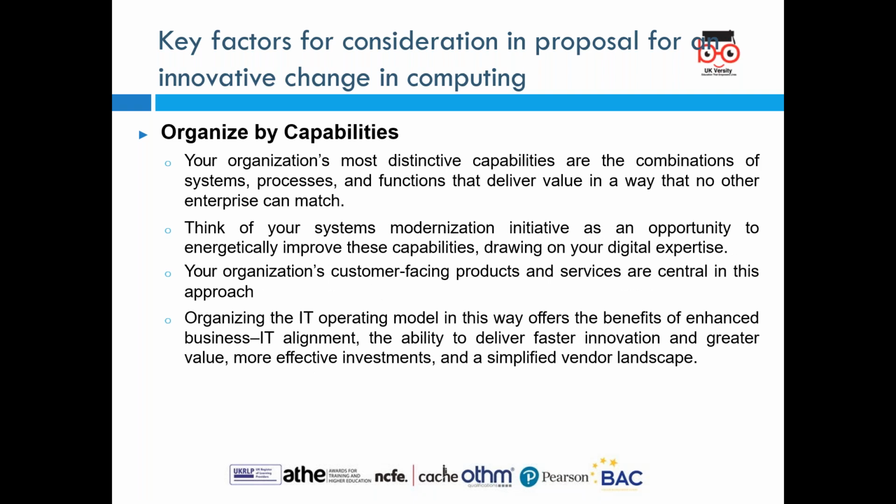And also we need to organize by capability. Your organization's distinctive capabilities are the combination of systems, processes, and functions that deliver value in a way that no other companies can match. Therefore, we need to produce a unique product which makes us stand out from the traditional market.